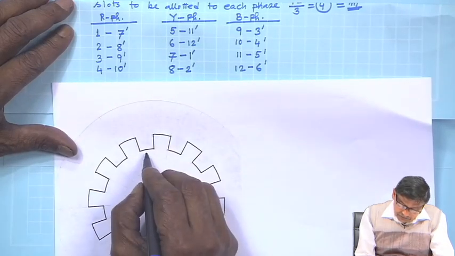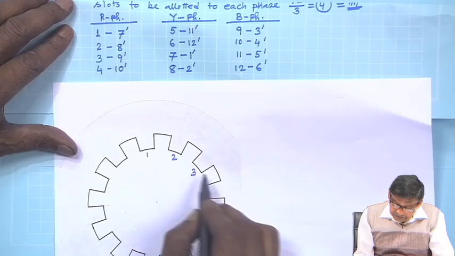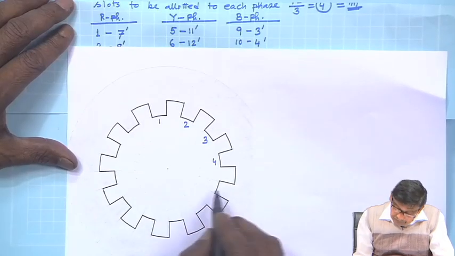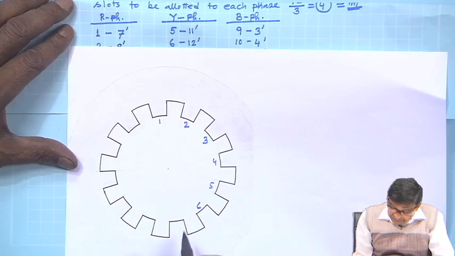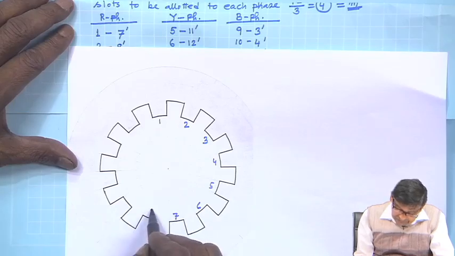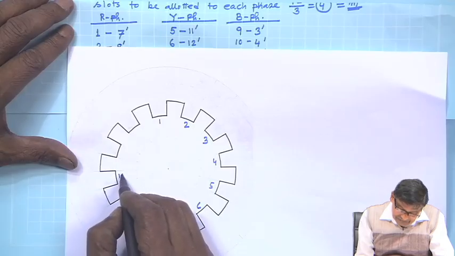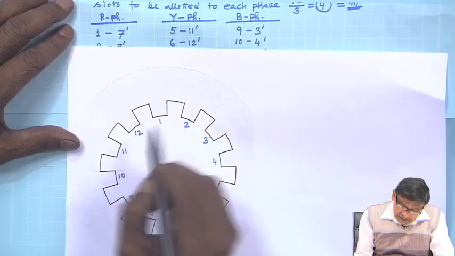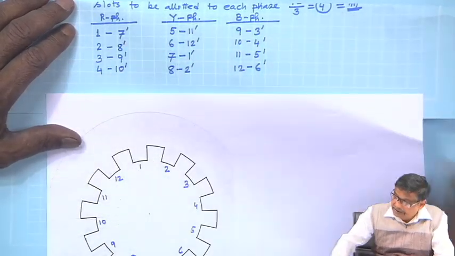I name these slots 1, 2, 3, 4, 5, 6, 7, 8, 9, 10, 11, 12. So, to complete the R phase winding, 1-7 dashed.